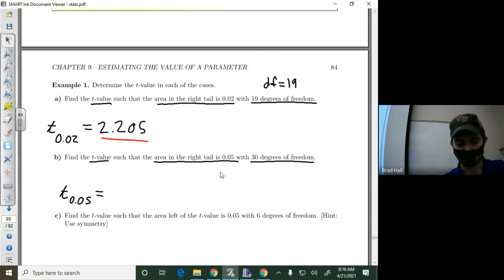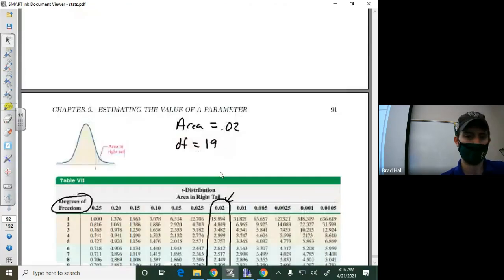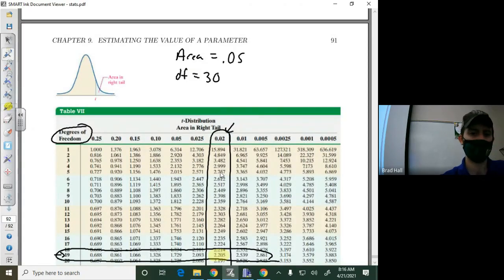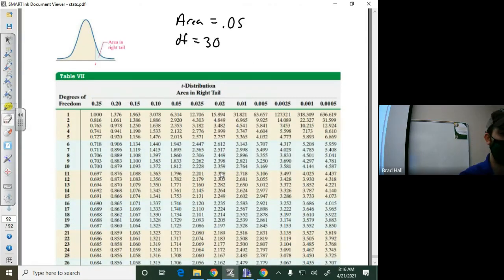We bring that down to the table, 0.05 and 30. 0.05 seems to be right here. 30, I have to scroll down a little bit.